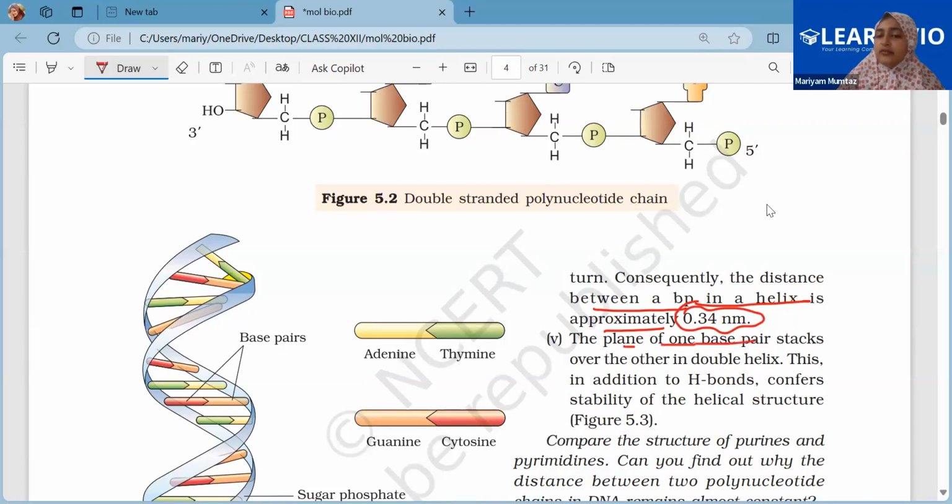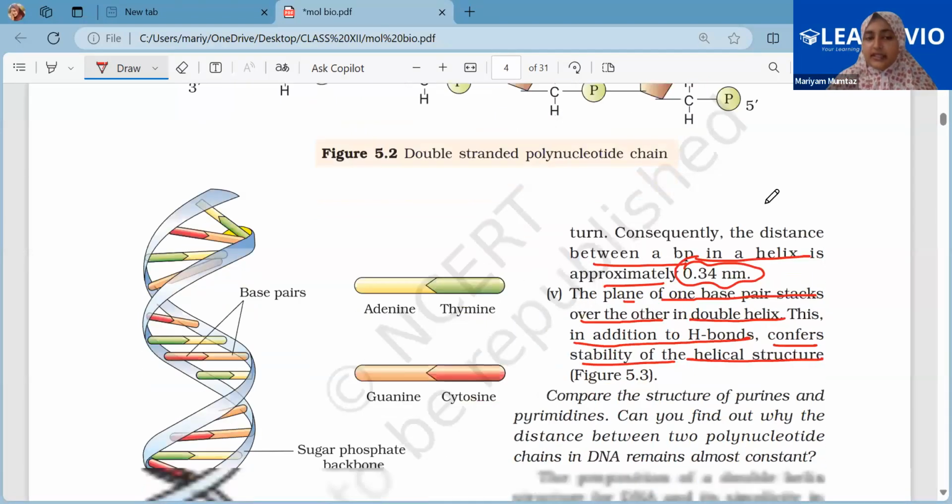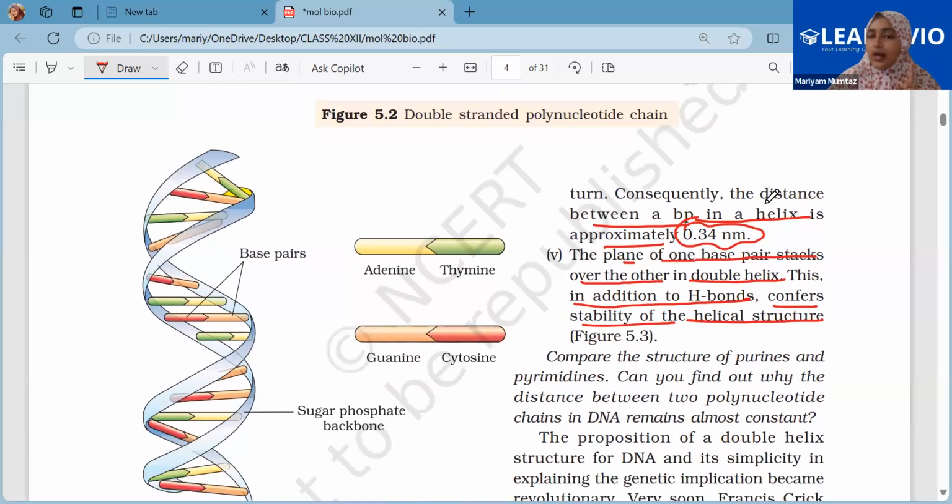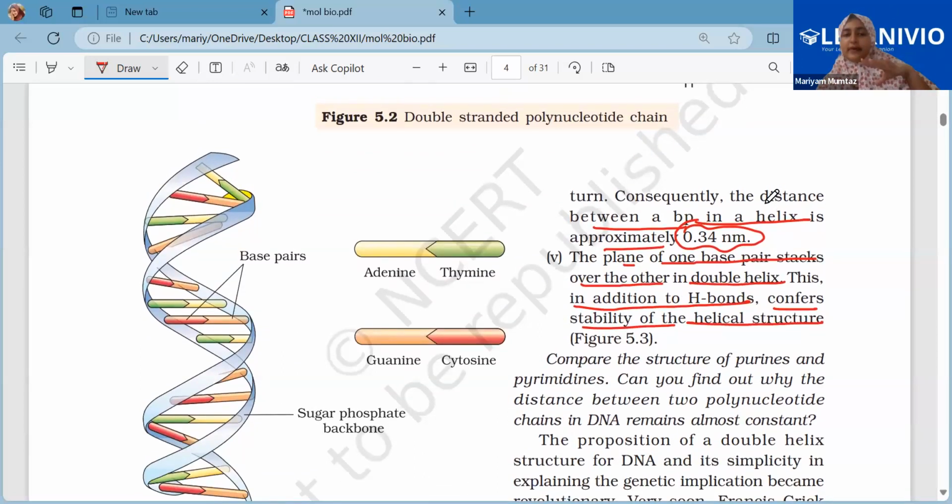The plane of one base pair stacks over the other in a double helix. This, in addition to hydrogen bonds, confers stability to the helical structure. So, two things are actually providing stability to this helical structure.